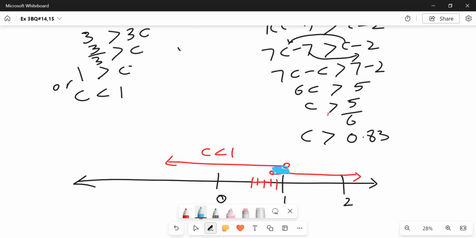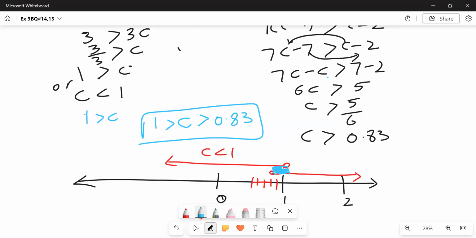So we can write it like this: 1 greater than C and C greater than 0.83.